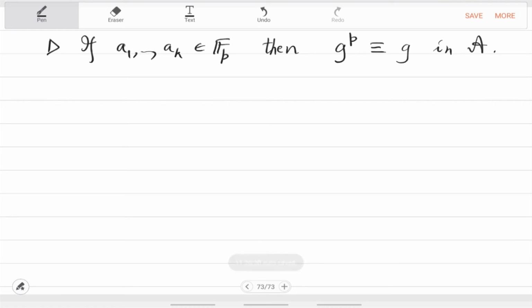The reason for this is that when you do Chinese remaindering, you will be looking at a_i to the p, and a_i to the p is a_i. This is true for every coordinate, so it's true for the whole tuple. So the whole tuple raised to p is equal to itself, which means that g raised to p is equal to itself. Is that clear?